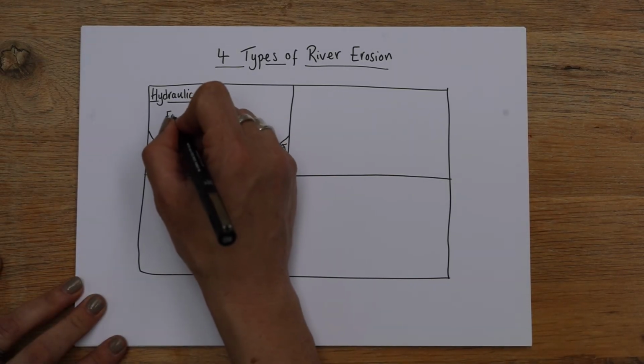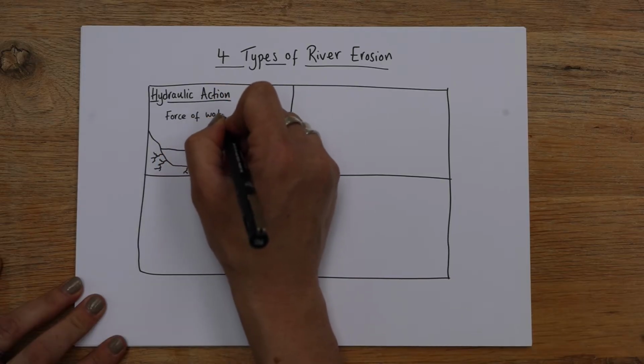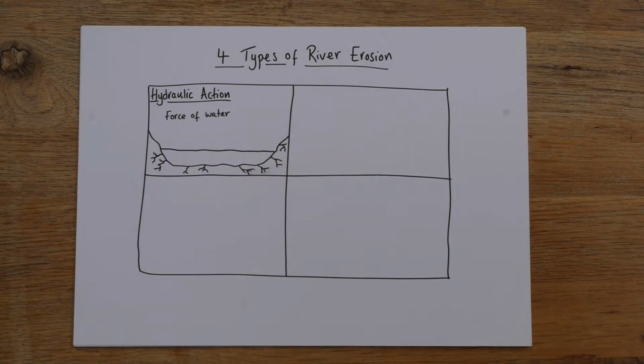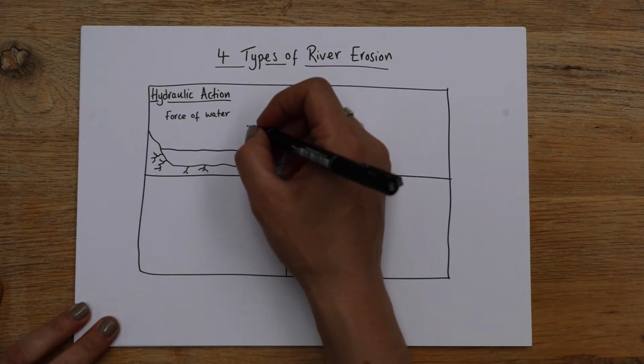we're going to write the definition. It is the force of water. I really can't stress how powerful this could be. Think of a fire station, a fireman's setup with a really powerful hose, a bit like a jet wash but bigger. Rivers are incredibly powerful, especially in flood conditions.